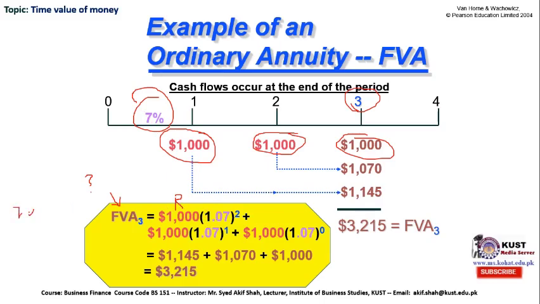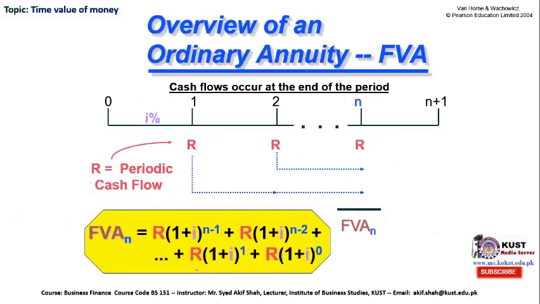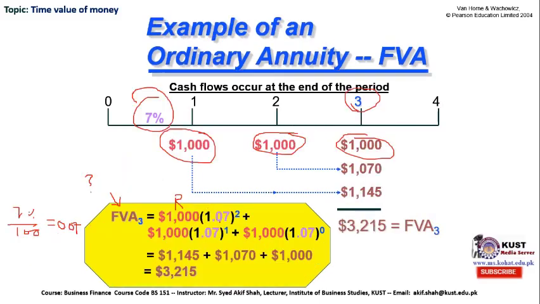In order to remove the percentage sign from 7, you need to divide it by 100, and this will give you the resultant value 0.07, and the formula in our previous slide was 1 plus I. So 1 plus this amount will give you 1.07 raised to the power 2. Why 2? Because n minus 1. N in this case is 3. So 3 minus 1 will give you 2.